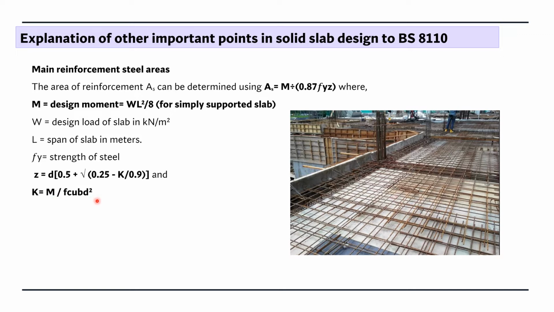These are just standard formulas stated in the BS code, so take good note of that. And now, going back to the area of reinforcement As for the main steel, we can see a 0.87 here. In the latest BS code, it's 0.95. So, whichever one you want to use, it's okay.